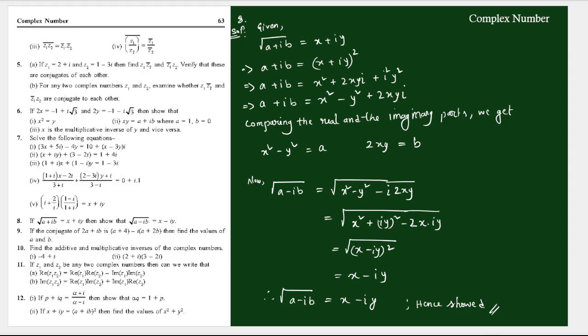What is 9? If the conjugate of 2a plus ib is a plus 4 minus i a plus 2b, conjugate बताया है, तो यहाँ पे 2a plus ib है, that means 2a minus ib होगा.